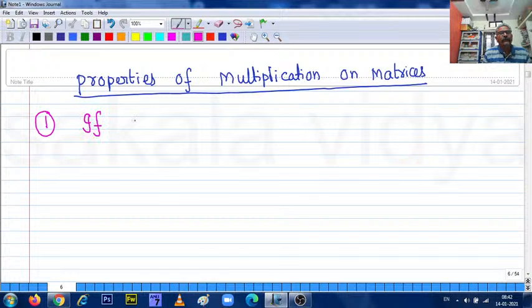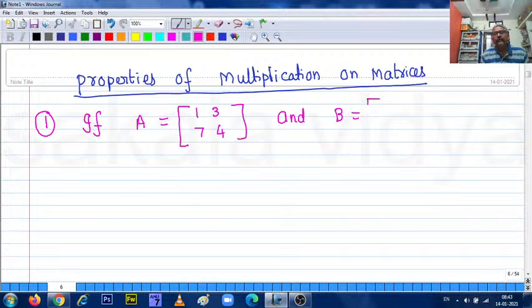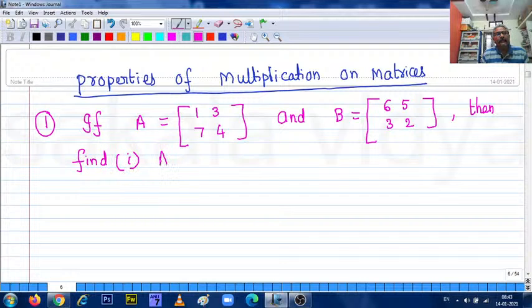If A equals to 1374 and B equals to 6532, then find first AB, A into B, second B into A, BA. What do you observe, or what do you notice?